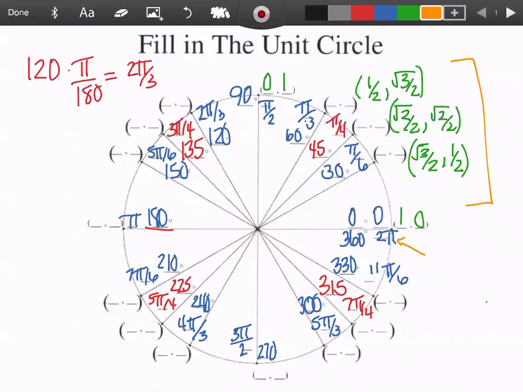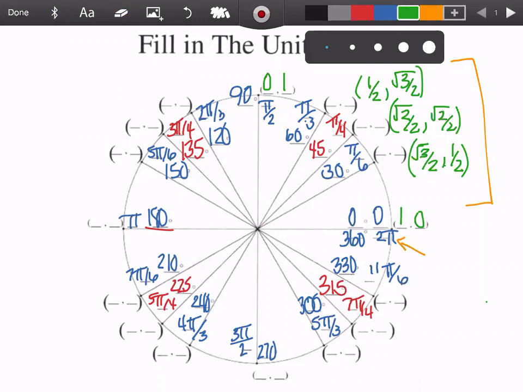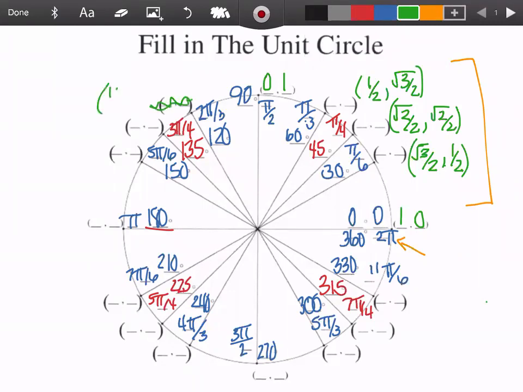So now we need to fill in the remaining points, which again, we refer back to the reference angles. If we look at 2 pi over 3, or we look at 120, either one of those refers us back to the pi over 3 in the 60 degrees. So our point here is 1/2, square root of 3 over 2.